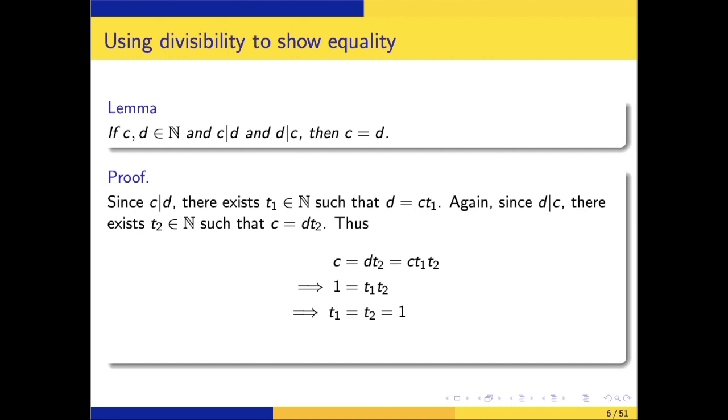This means that c, which equals dt2, is equal to ct1t2. And this implies that 1 = t1t2. Now since c and d are both positive, this means that t1 = t2 = 1. Hence c = dt2 = d.